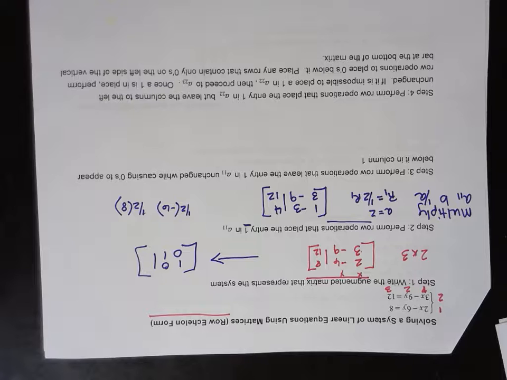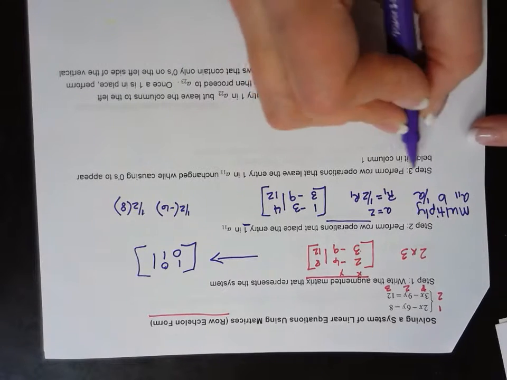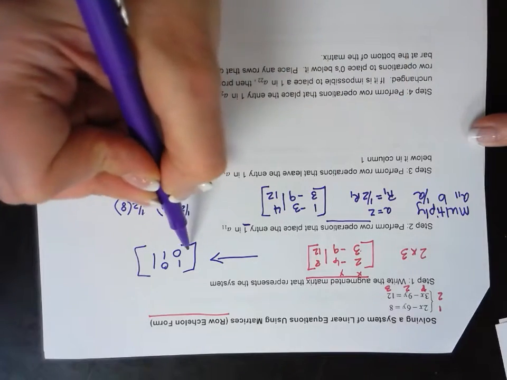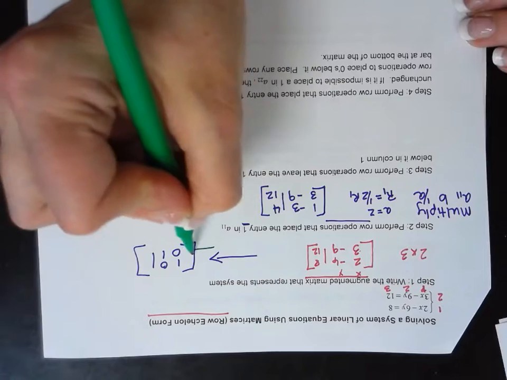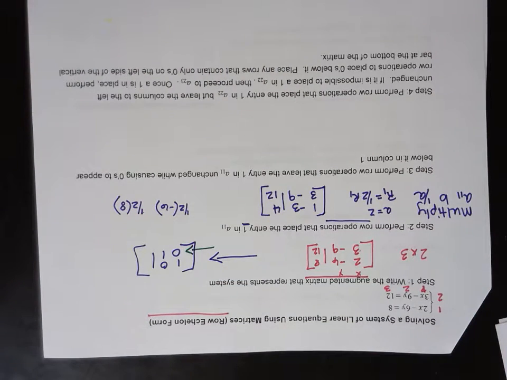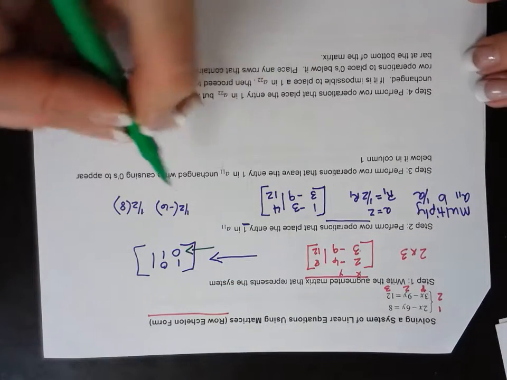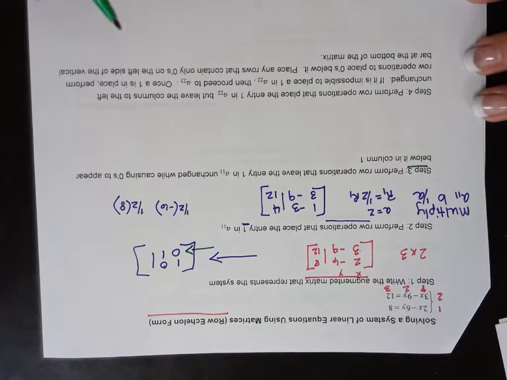Okay. All right. Now, we want to get to 0 in the second position. Okay? So that's step 3.